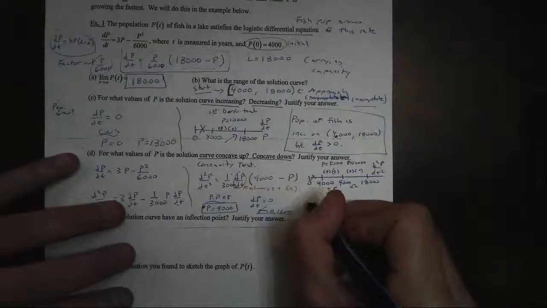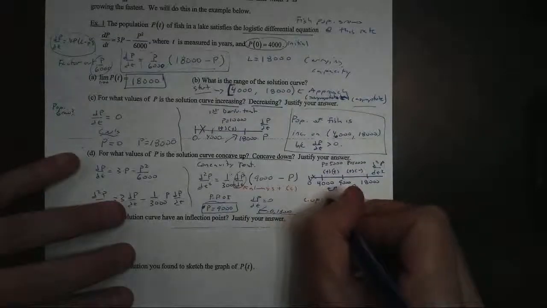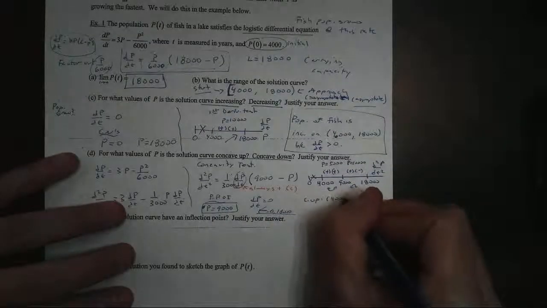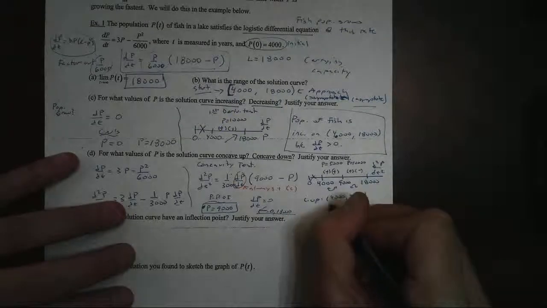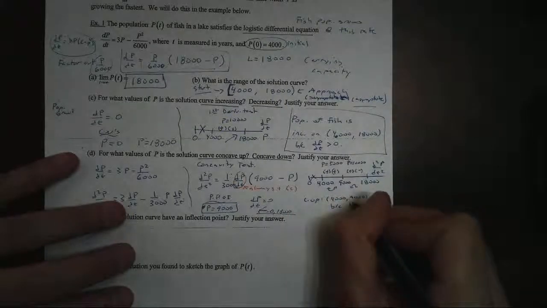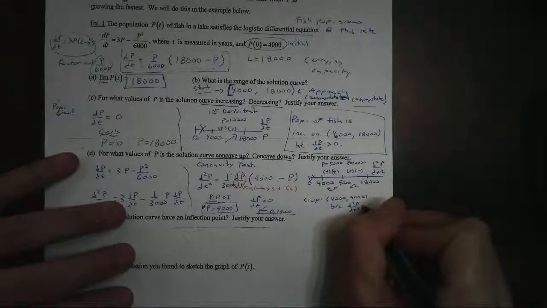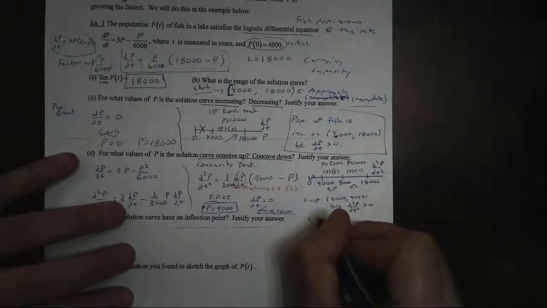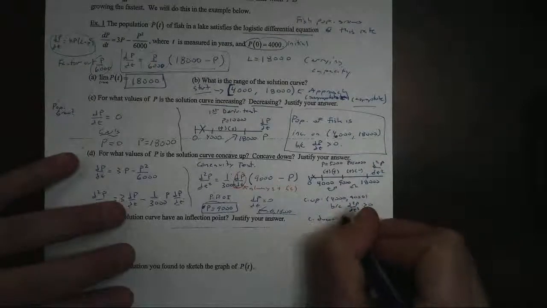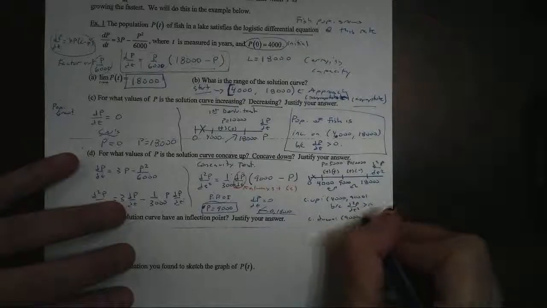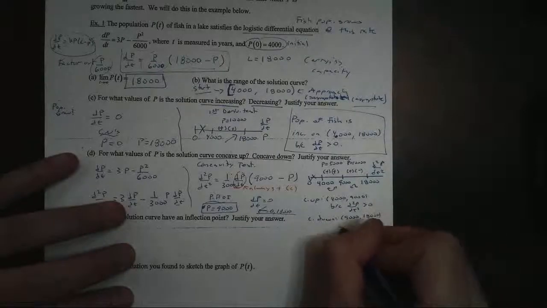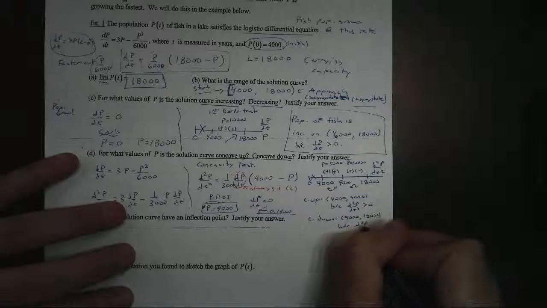And what we wind up with is that this function is concave up on 4,000 to 9,000, because the second derivative is greater than 0. Where's it concave down? From 9,000 to 18,000. And that is because the second derivative is less than 0.